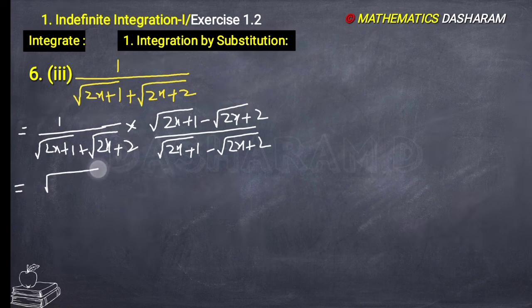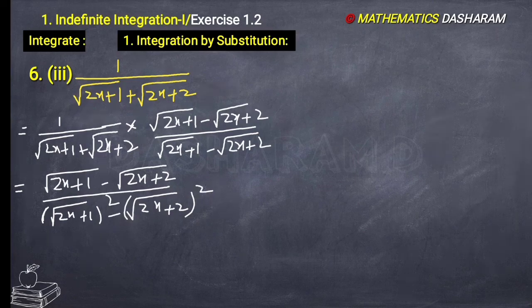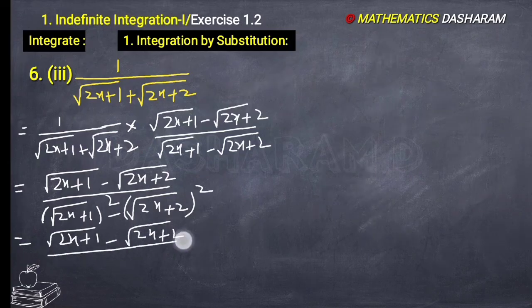So it is equal to root 2x plus 1 minus root 2x plus 2 divided by (a plus b) into (a minus b), that is a square minus b square, root 2x plus 1 whole square minus root 2x plus 2 whole square. Then the square roots cancel.